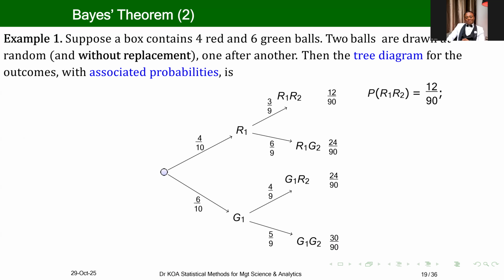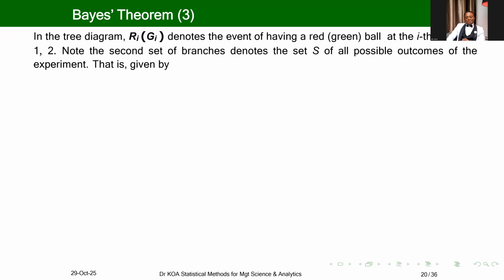You can have all of these probabilities in a kind of decision tree form. Now the R1, G1, that is a cross probability, the probability of having a red and a green ball. These two probabilities are actually emanating from the conditional probability.